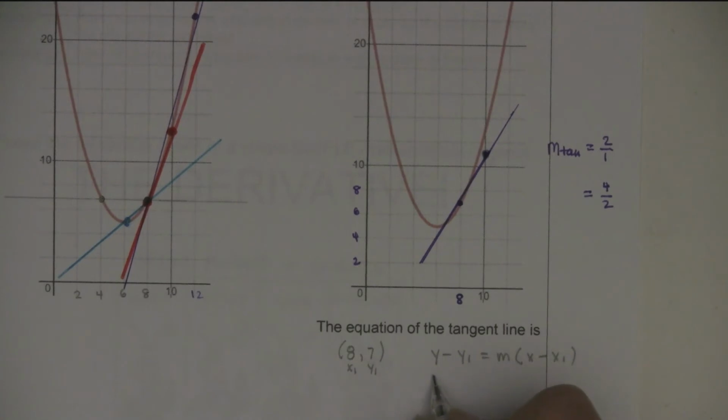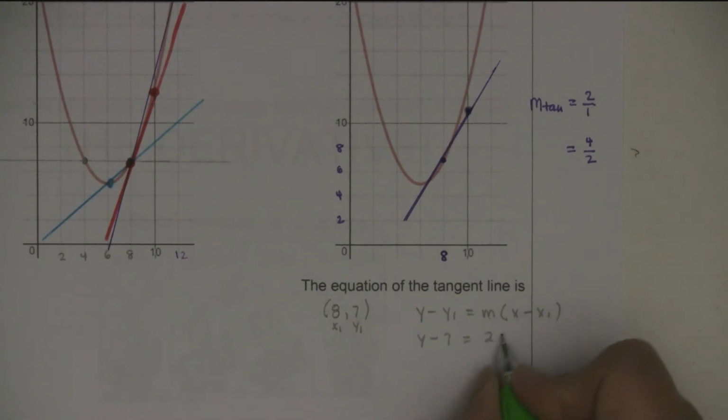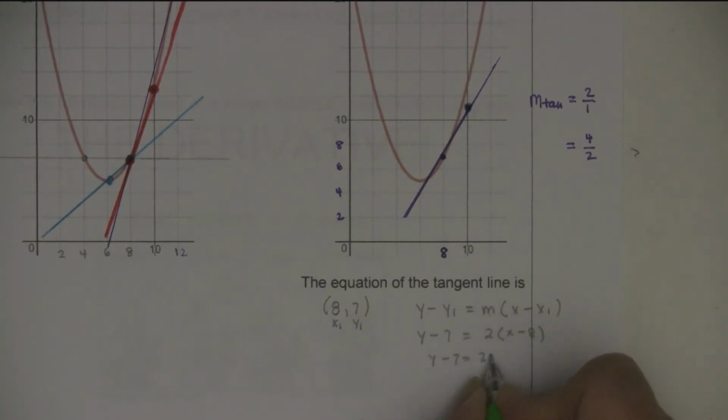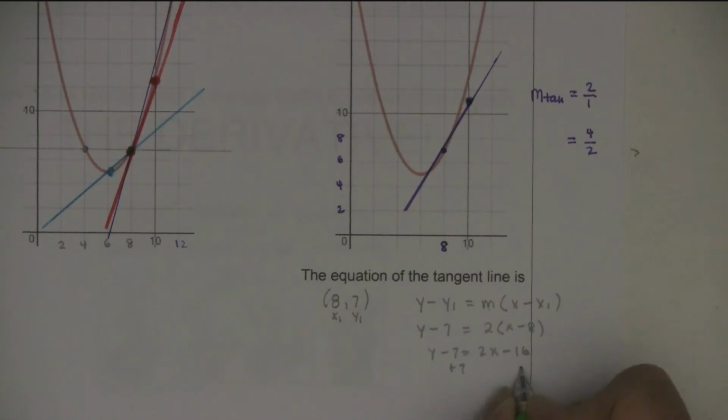So y minus 7, and the slope of this line that we're looking at was 2, right? 2 times x minus 8. So when the dust clears here, we get 2x minus 16. We add 7 over there. And is that 9? Negative 16 plus 7?